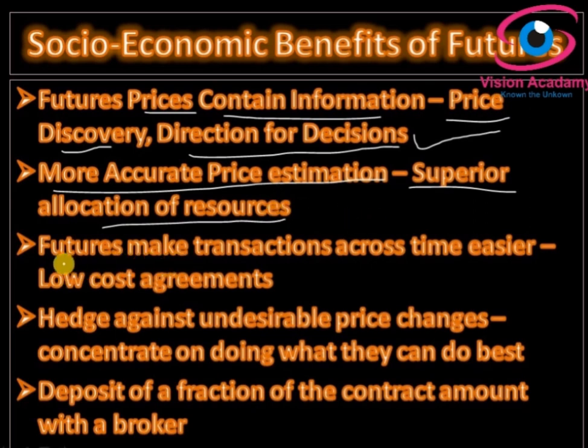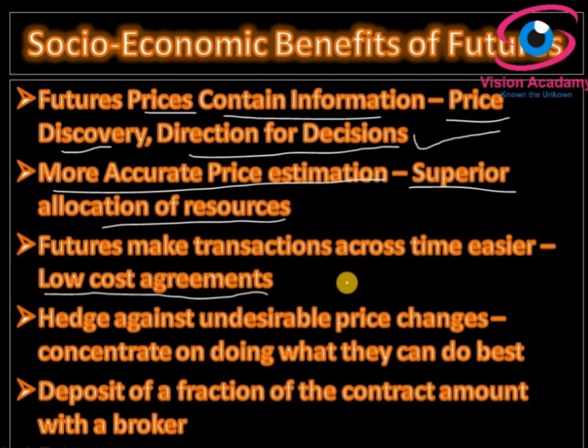One more economic benefit of futures contracts is that futures make transactions across time easier. Because they are standardized contracts, you can make a low-cost agreement from the futures transaction.